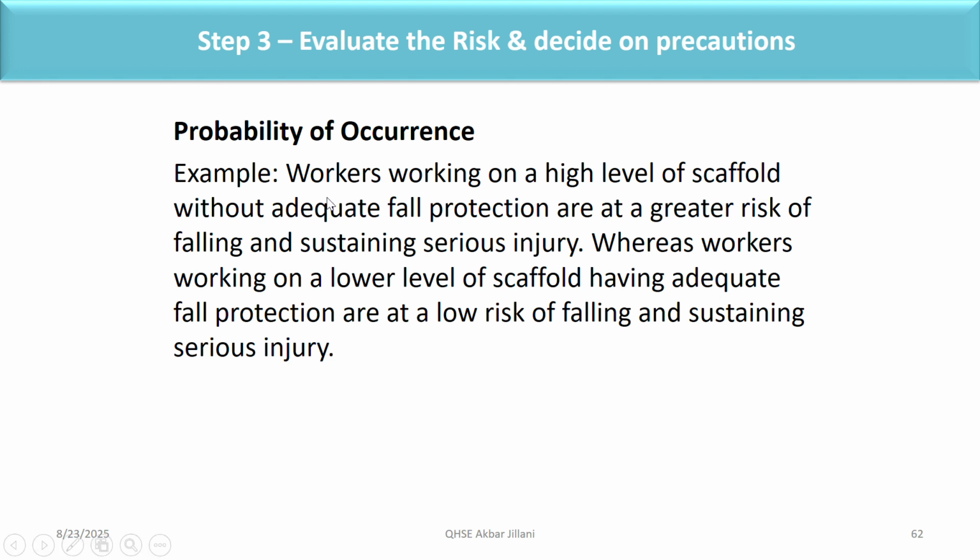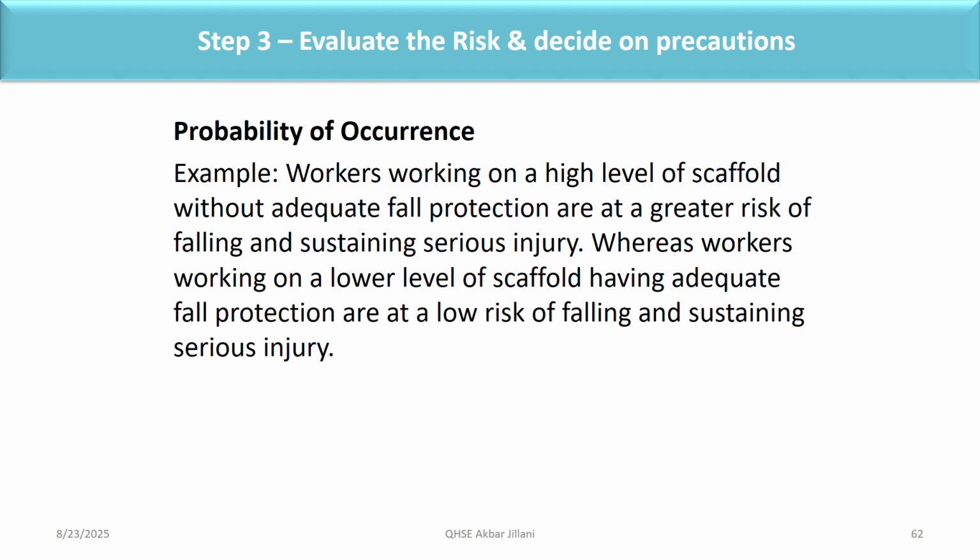Probability of occurrence. Now see, please try to understand. Workers working at a high level of scaffold without adequate fall protection are at a greater risk of falling and sustaining serious injury, whereas workers working on a lower level of scaffold having adequate fall protection are at a low risk of falling and sustaining serious injury, because the scaffold is also properly installed, and apart from this there is proper supervision.